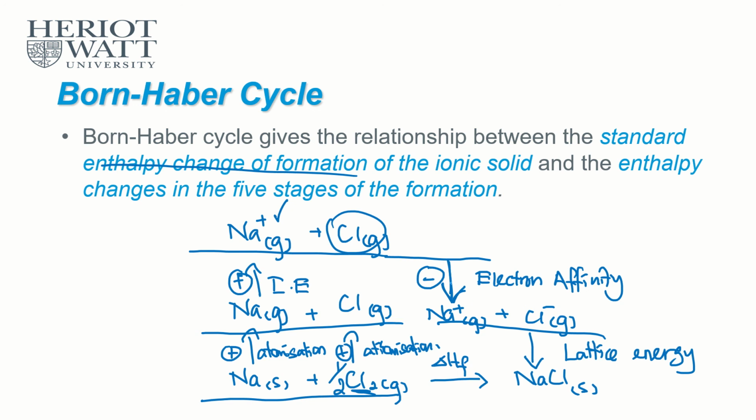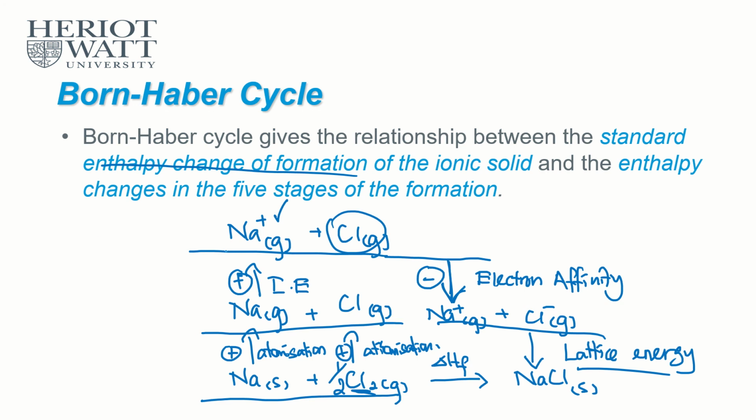So here is an exothermic reaction because you're forming a bond, so heat is released. So the difference between all the endothermic and the exothermic, including the lattice formation here, which is exothermic, gives you the total of the Born-Haber cycle.